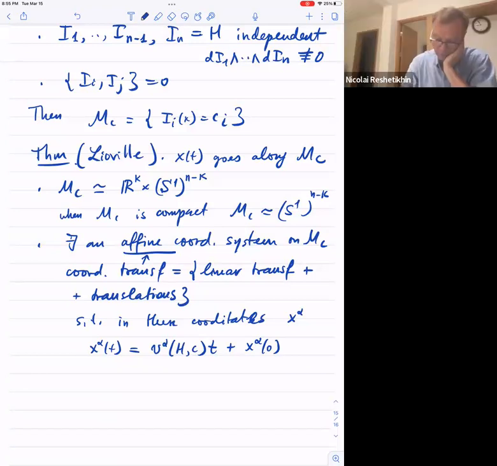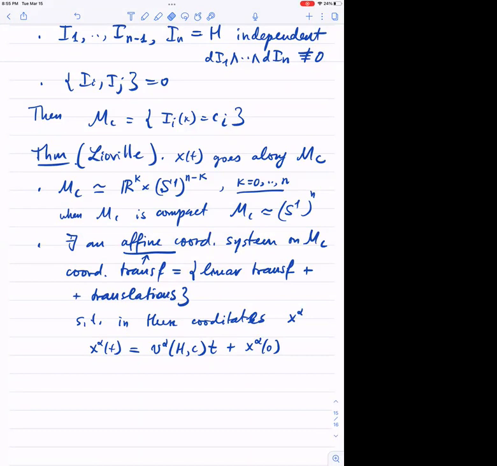It depends. It's some number from 0 to n. It's a sort of degree of non-compactness. If it's compact, then it's just n. If k equals 0, then there is no Euclidean part. You have a compact level surface.